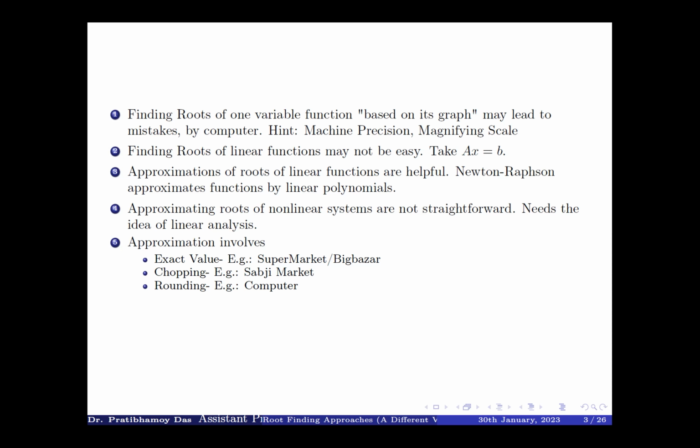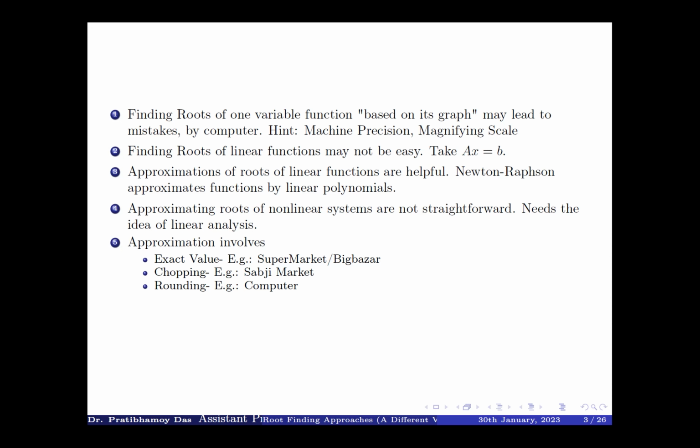But solving a system of equations is itself a big task, because you cannot use Cramer's rule. Cramer's rule for 100 cross 100 matrices takes around 100 years to solve. So that's why you go for Gauss elimination, Gauss-Jacobi, Gauss-Seidel. Approximation of roots for linear functions is helpful.